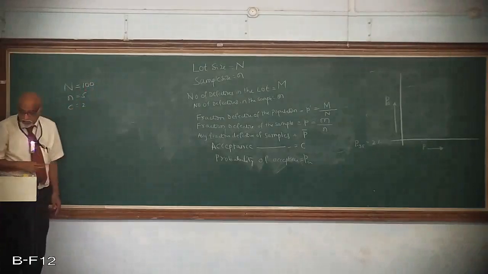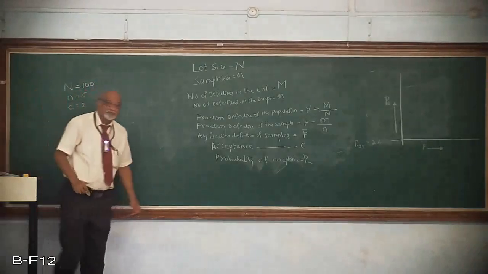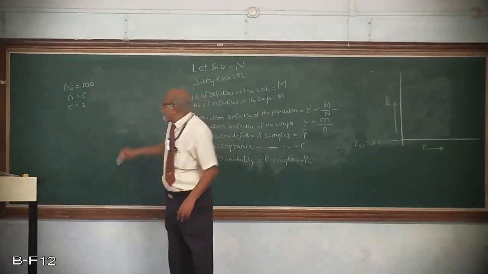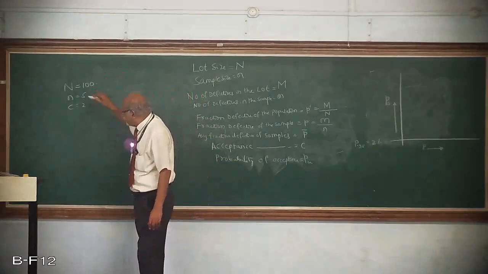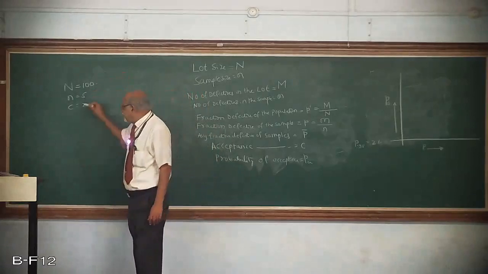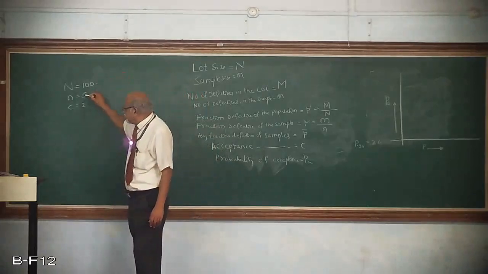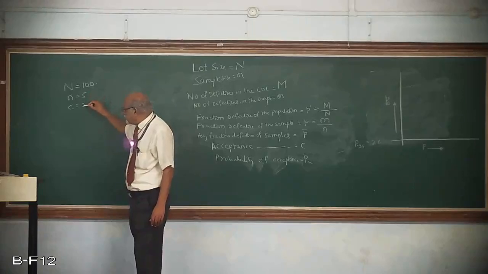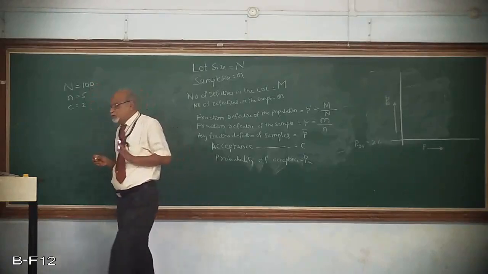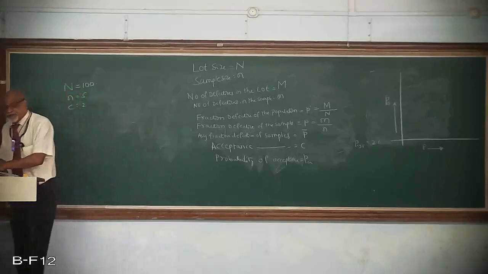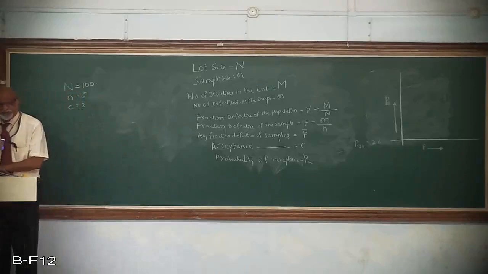Means what? From a lot of 100, take a sample of 5. If this sample of 5 consists of 2 or fewer defectives, accept the lot, otherwise reject the lot. It is as simple as this.